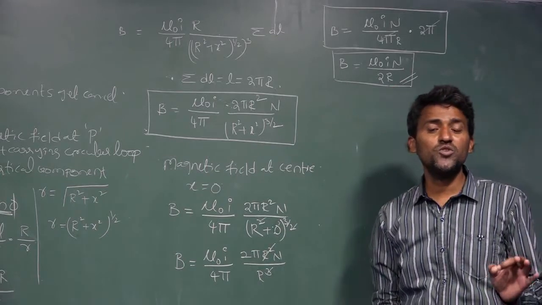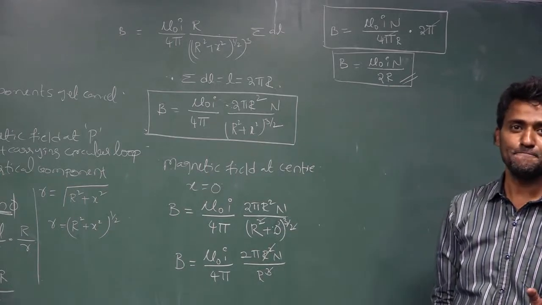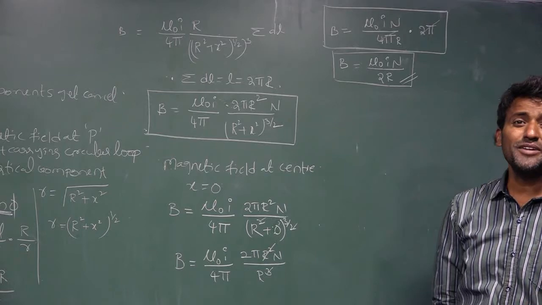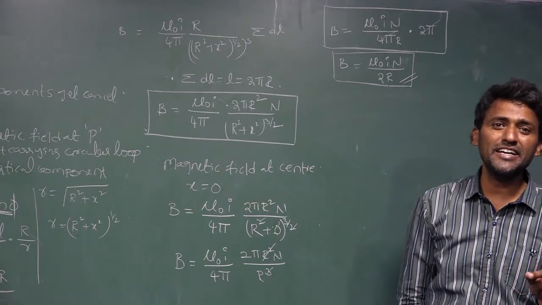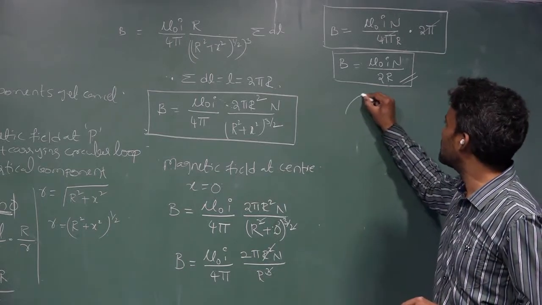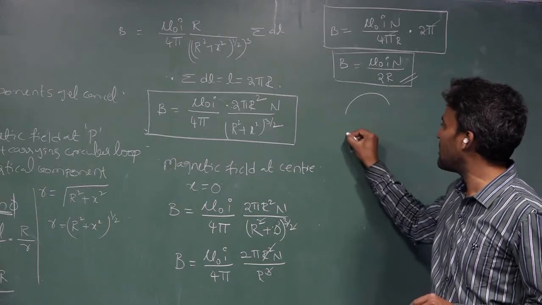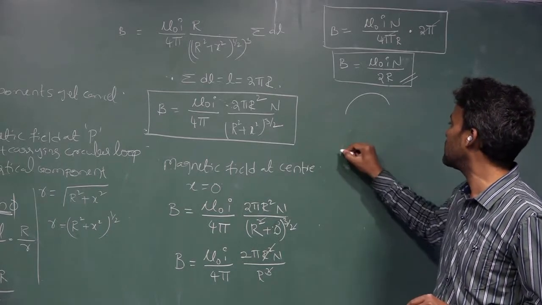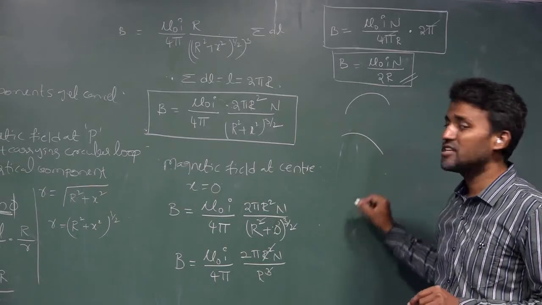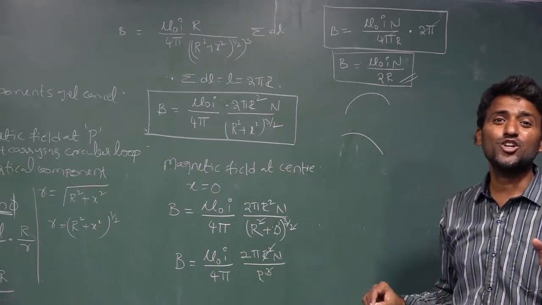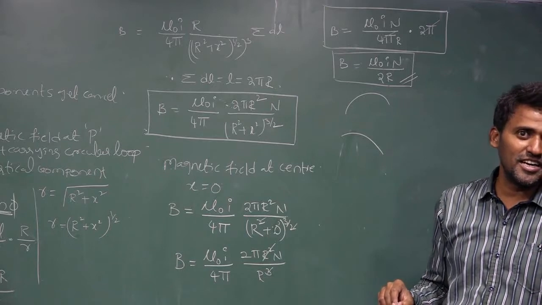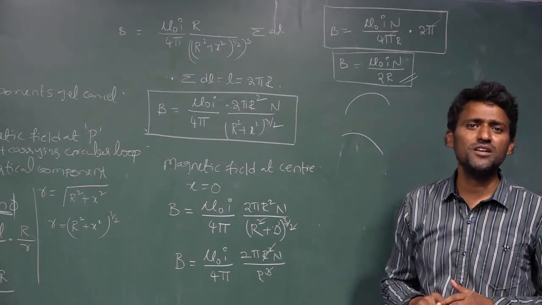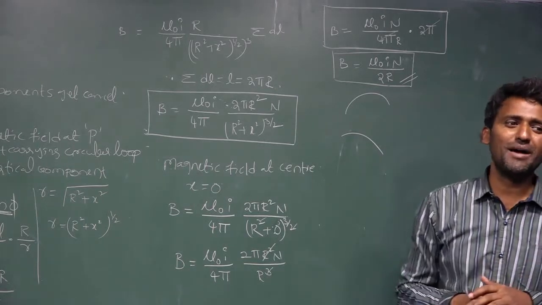See here, I want to tell one new formula here. For example, sometimes they will ask what is the magnetic field at the center of a semicircle, what is the magnetic field at the center of 1/4 of the circle, otherwise they will ask at 30 degrees, what is the magnetic field, at 60 degrees what is the magnetic field.